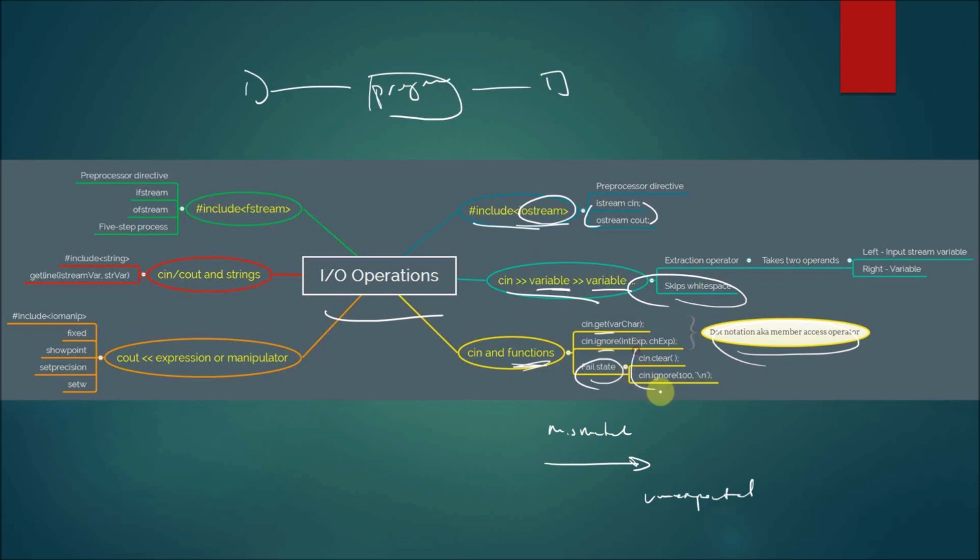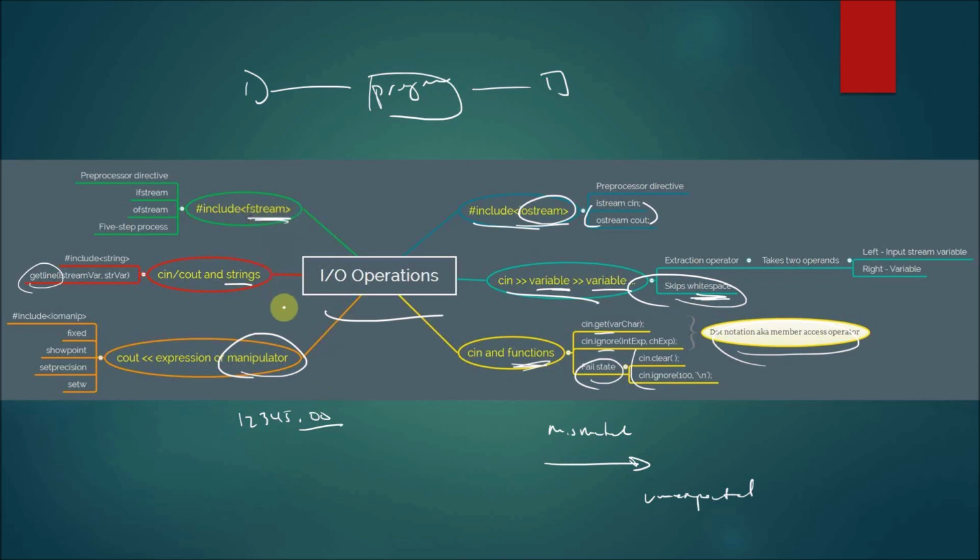We want to clear and ignore, basically zap out the bad stuff that was entered in, and be sure everything else is zapped out as well. We also want to manipulate our data so that it is at a precision that we want it to be. Again, we can use strings, and we want to use this function here, getline, because getline allows us to work around white spaces.